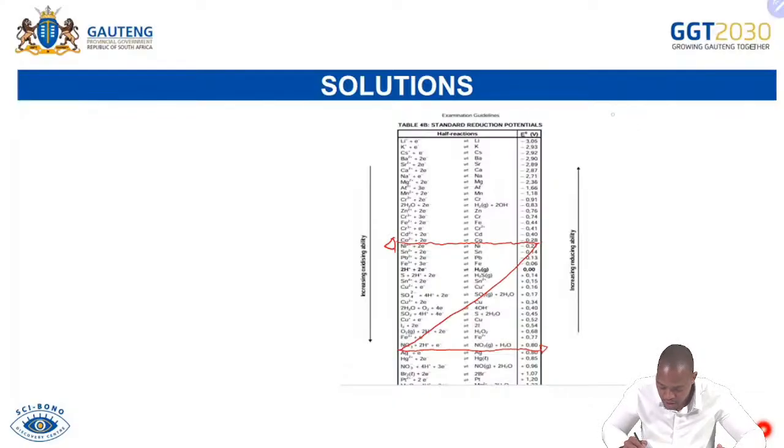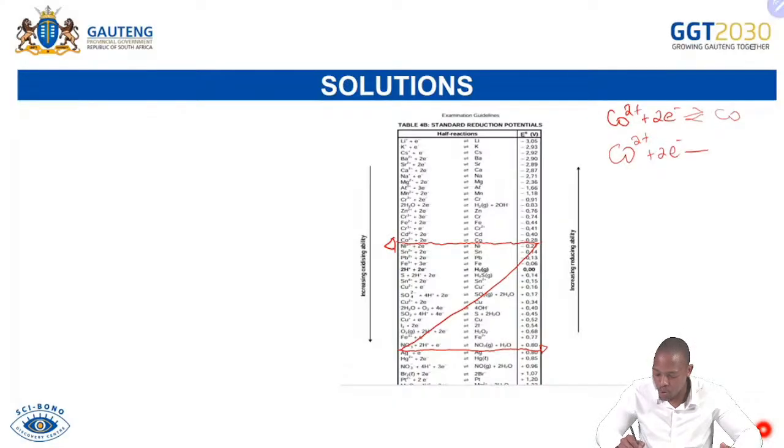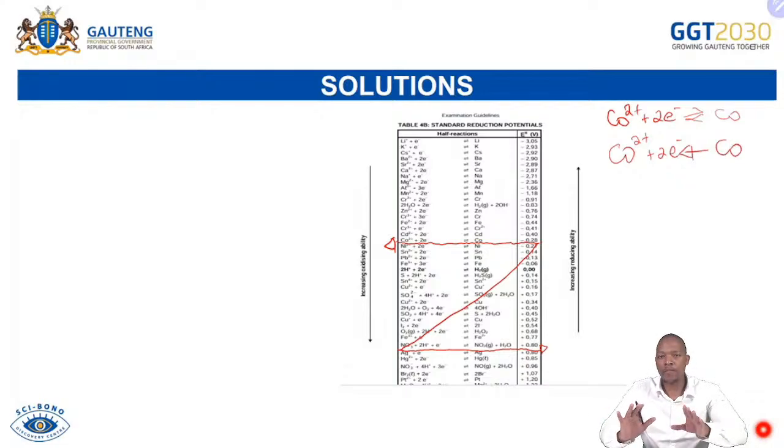The reaction looks like this: Co2+ plus 2e-, with double arrows, to Co. But I cannot write a reaction with double arrows. So what do I do? I choose this arrow. So it's going to be Co2+ plus 2e-, then choose this arrow, and then it is Co. For most of you, you leave it here. And if that is the case, totally fine, as long as you know how to proceed moving forward.